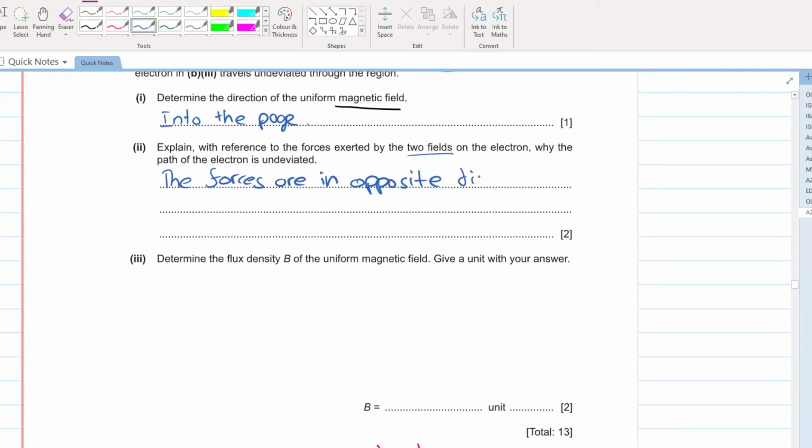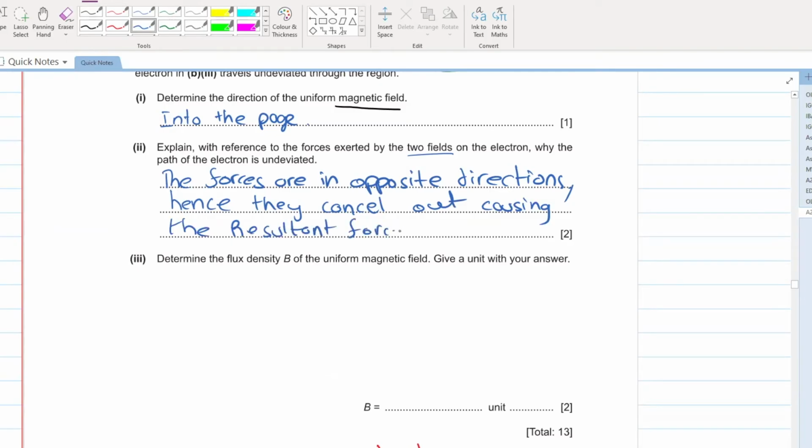What will happen due to this? Hence, they cancel out, causing the resultant force to be zero.